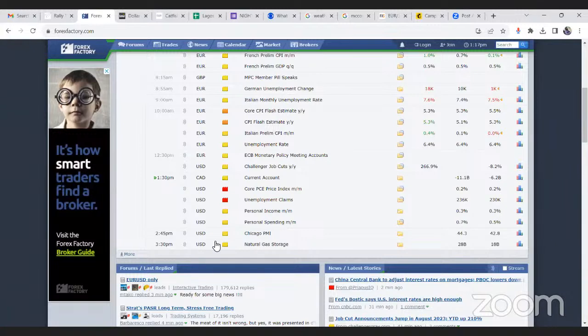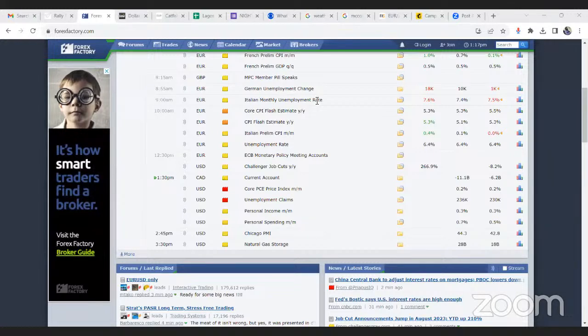Remember that when you're doing fundamental analysis, especially on Forex Factory, you're concerned with the previous, and especially with the forecast and the actual. Okay, so what we really want to compare is the forecasted data and the actual data.